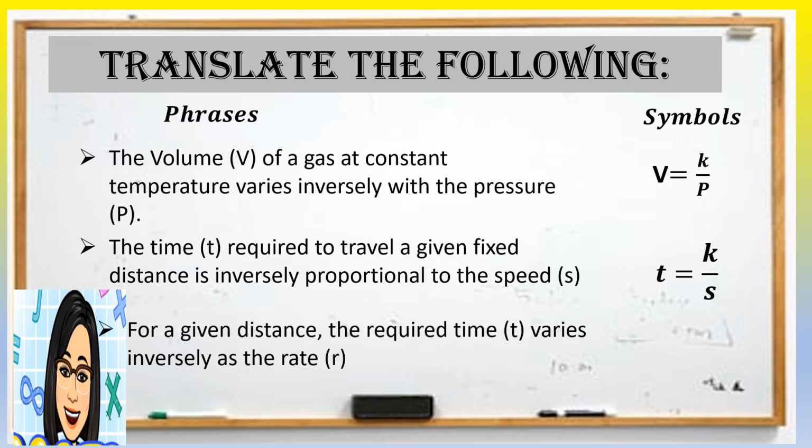For a given distance, the required time varies inversely as the rate. So what is your answer? It should be T equals k over R. Did you get it correctly? Let's give a clap.